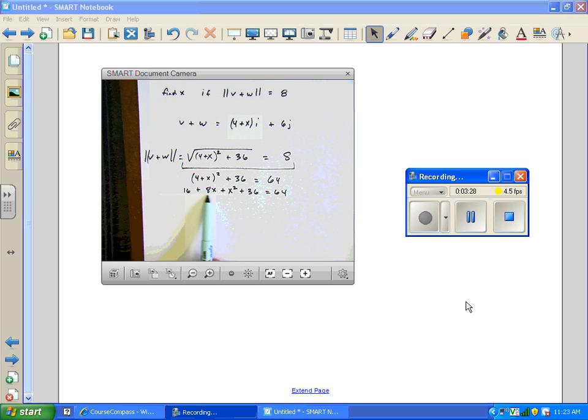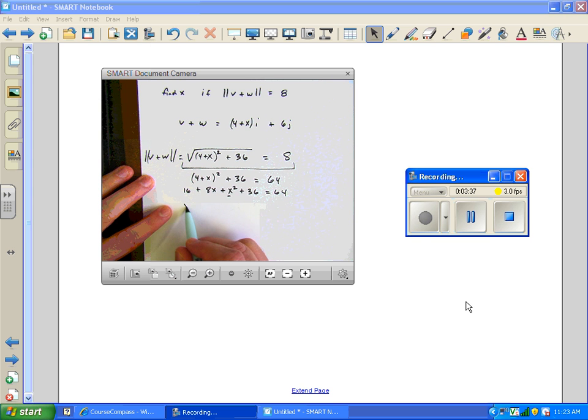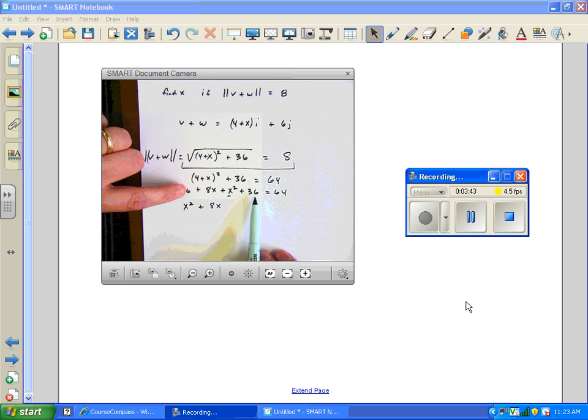Now let's gather some terms together. Since it's a quadratic, we need to set it equal to 0. So let's put this one first. That would be x squared plus 8x. Now, 16 and 36 would be 52, but then you would subtract 64.